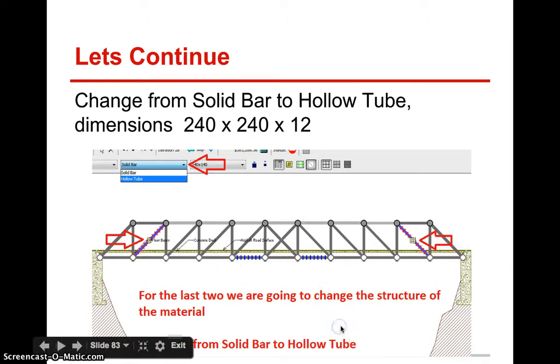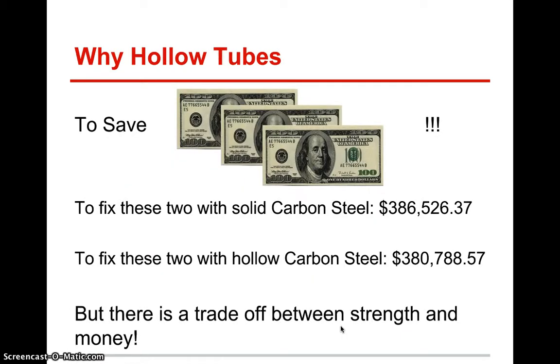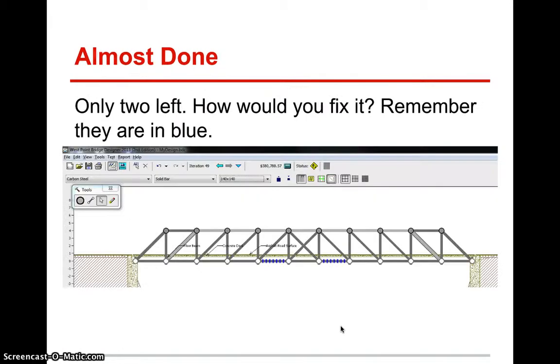For the last two, we're going to change the structure of the material, changing it from solid bar to hollow tube, okay? As you can see where I'm pointing. Now, why would you use hollow tube? Hint: to save money. To fix these two with solid carbon steel, you can see that cost. To fix these two with hollow, that's a $6,000 saving. But there is a trade-off between strength and money, okay?